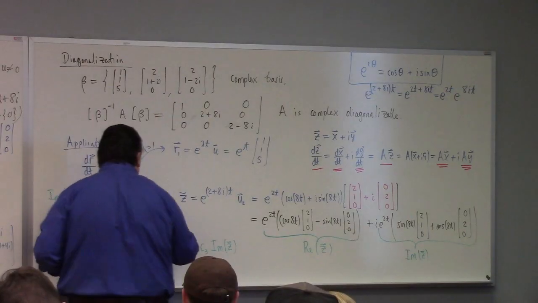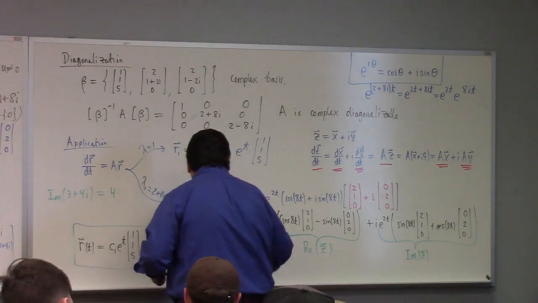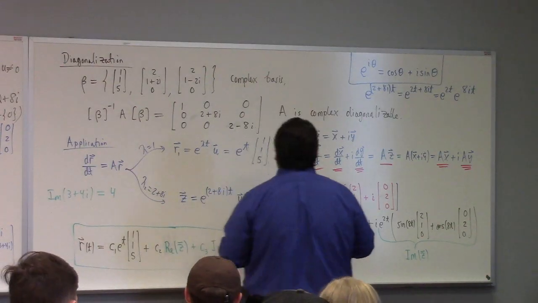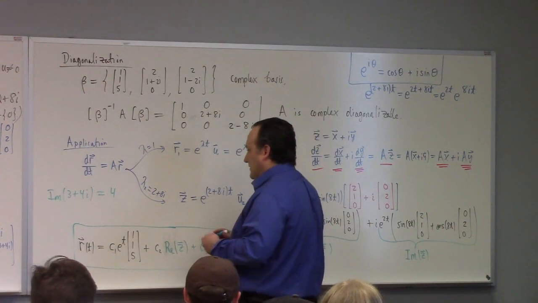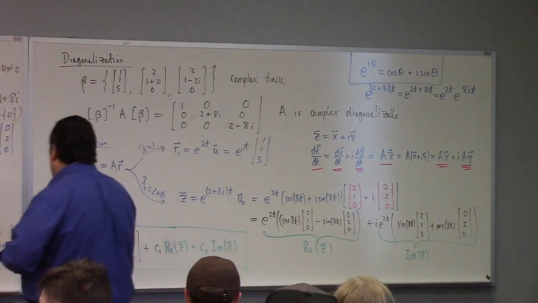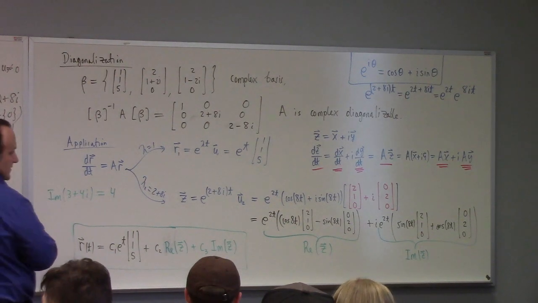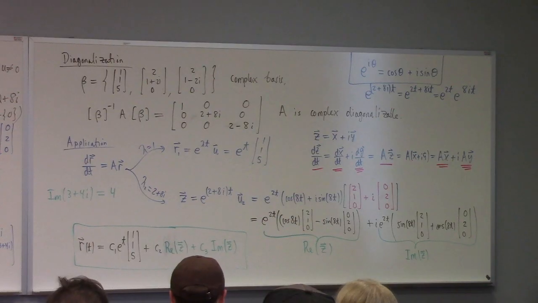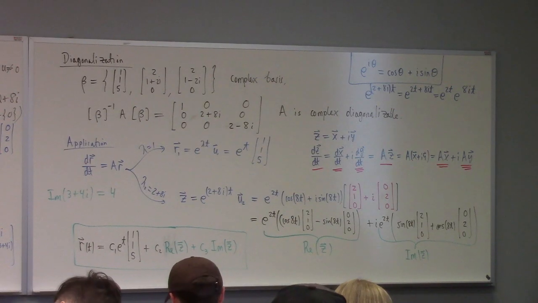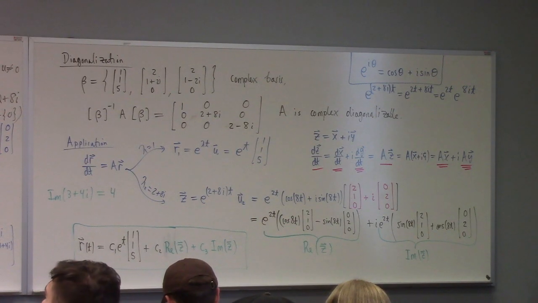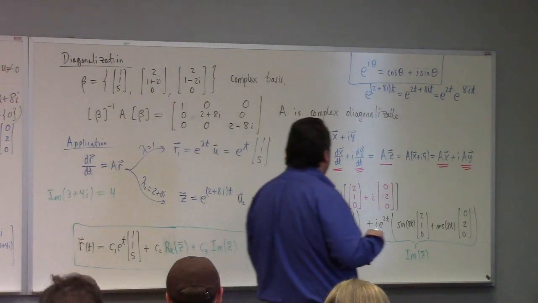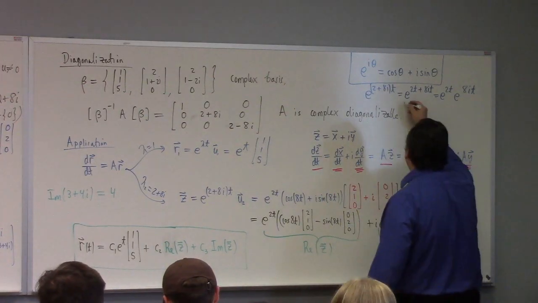This is the general solution to the differential equation, which I'll write out in gory detail somewhere. Let me show you what we just solved. I need to squeeze it in here somewhere. I guess I'll put it here.